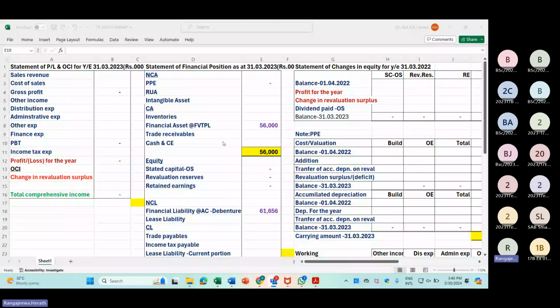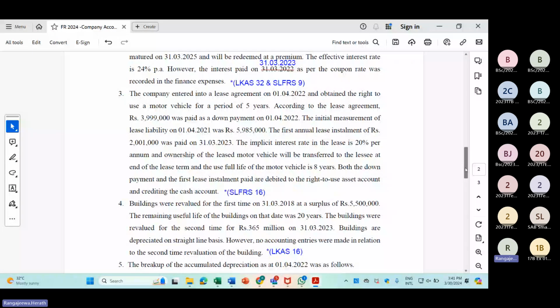Right? Third addition, company entered into a lease agreement. Down payment 3,999, and the initial measurement of lease liability 5,985. First installment 2001.